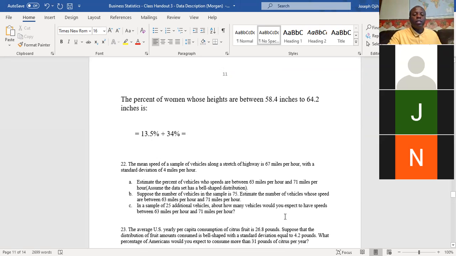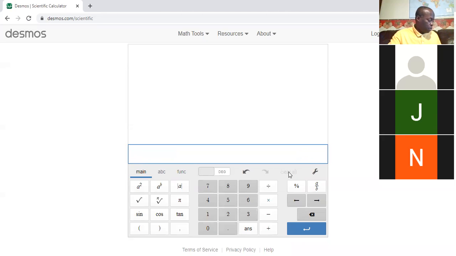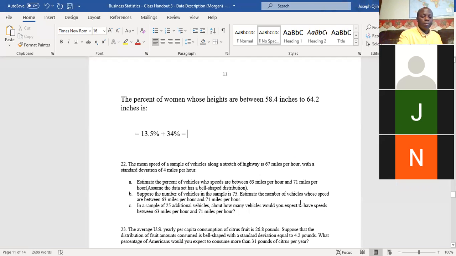We can figure this out in Desmos: 13.5% plus 34% is 47.5%.